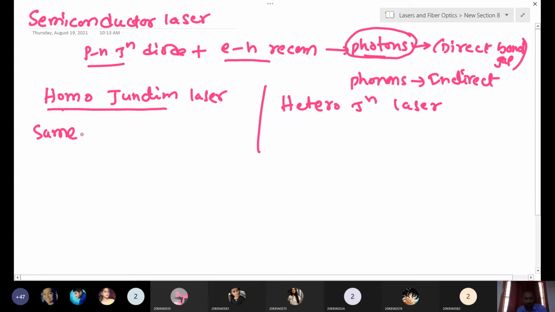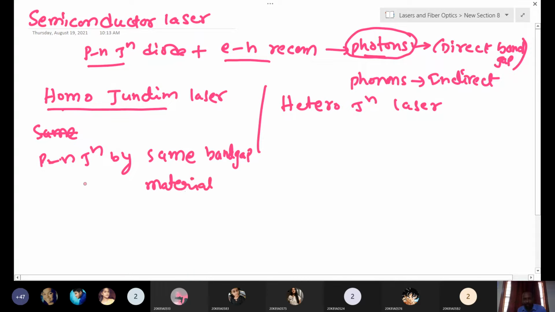Homojunction means if you form the p-n junction by same band gap material or equal band gap material. That is what forms the homojunction diode.